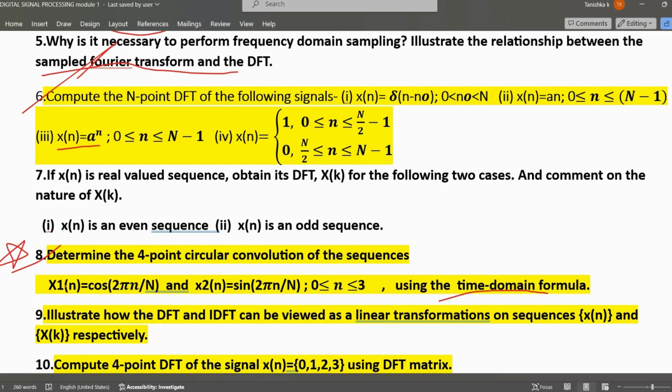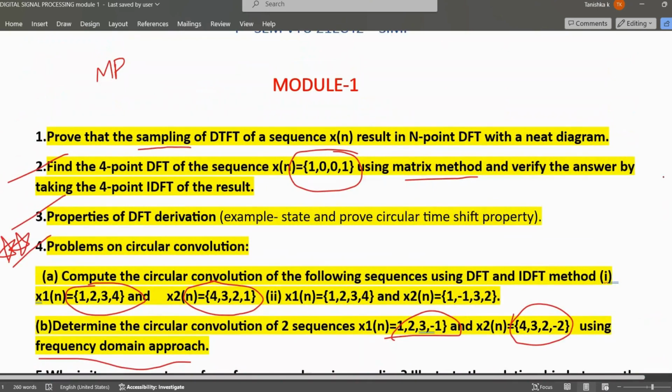And see, here the equation is like x of n equal to cos 2 pi n by n and sin 2 pi n by n. So see, in the previous cases what we have seen is that there were some numbers.